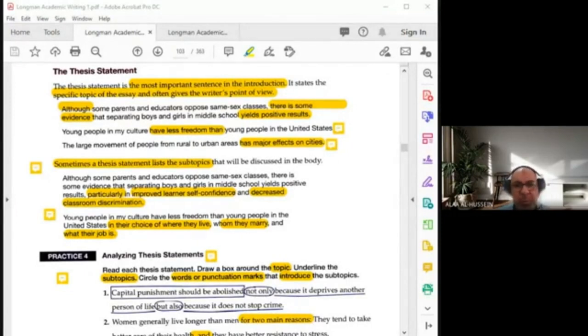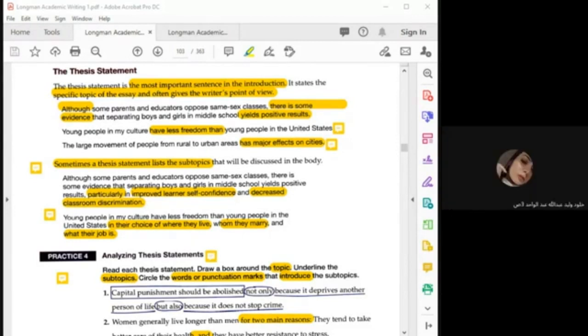We can write perfect thesis statements, as we are going to see, but without subtopics. So why do we need to write sometimes subtopics? Why is it important to give subtopics in your thesis statement? I think it gives us more information, and it becomes a strong topic and the main topic.